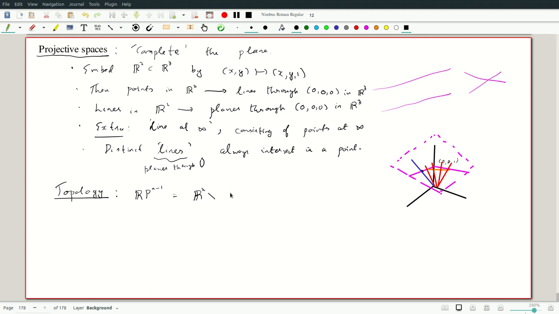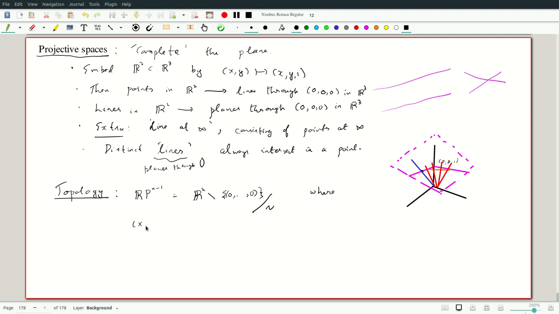So it's R^n minus the origin by equivalence, where tilde is being, so they're not origin, where I can as well write it in an explicit form.